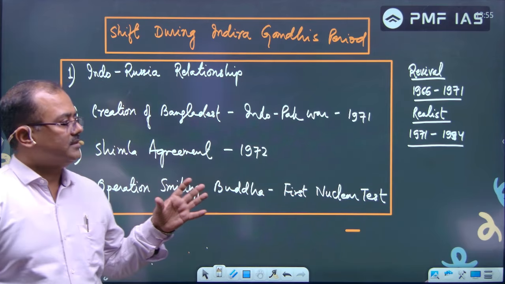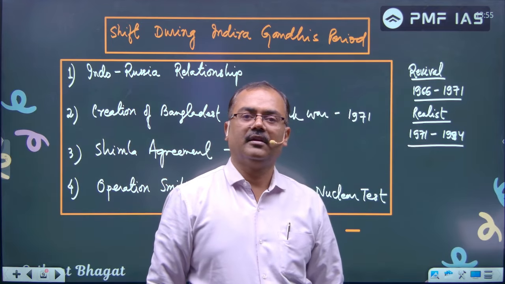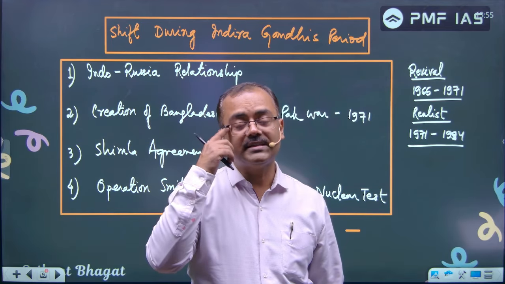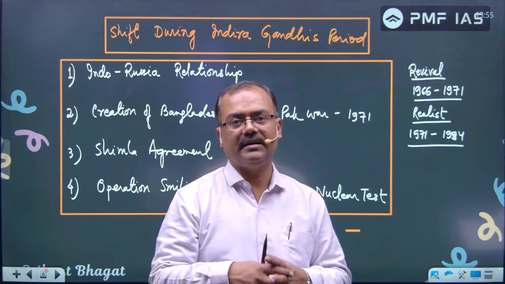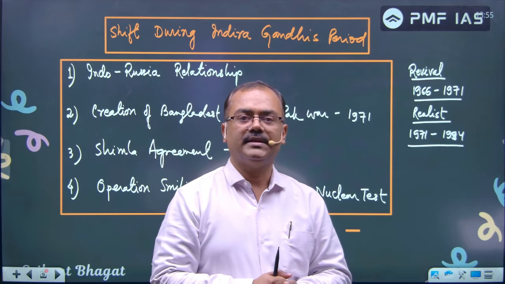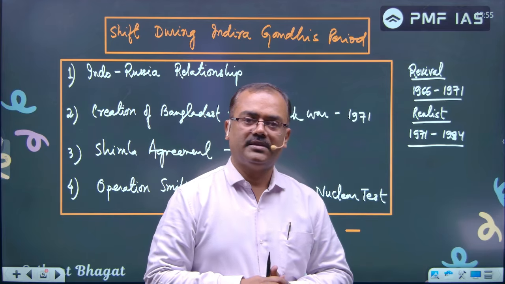Indira Gandhi's strategy was a realist strategy. Although she practiced some of the policies of Nehru in her earlier period, she changed the Nehruvian approach. She became realist.